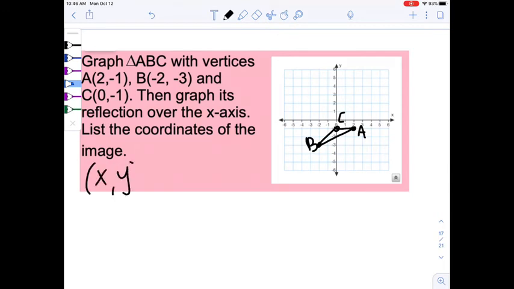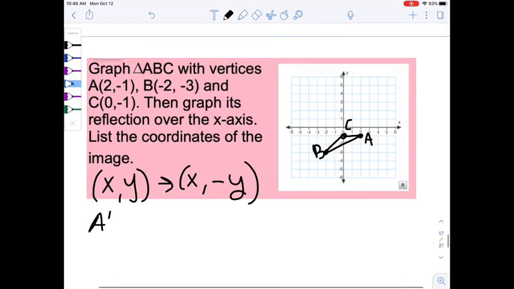And then I have to reflect it over the x-axis. So remember, coordinate notation for reflection over the x-axis would be we keep our x value and we change our y value. We take the opposite.